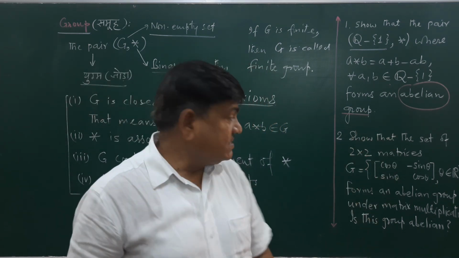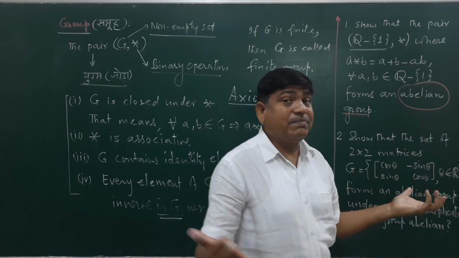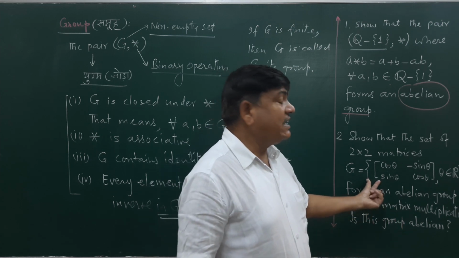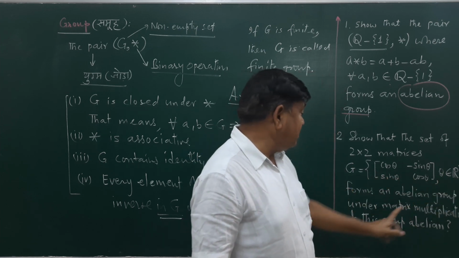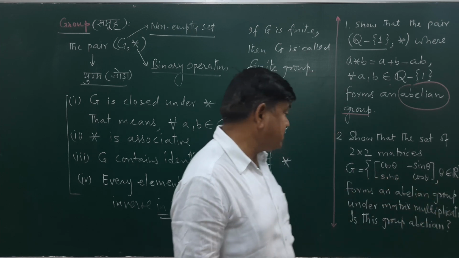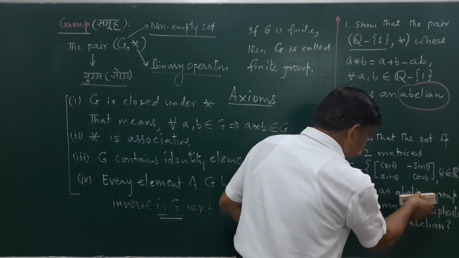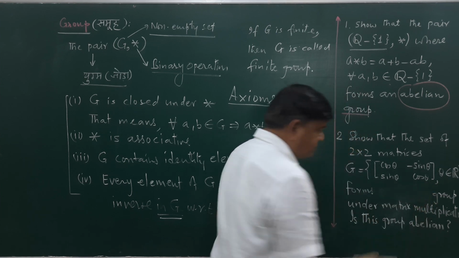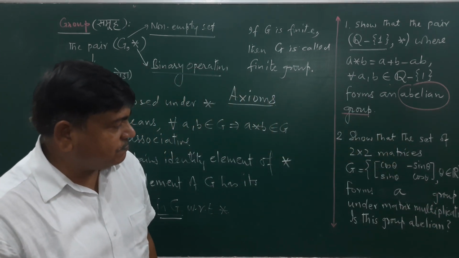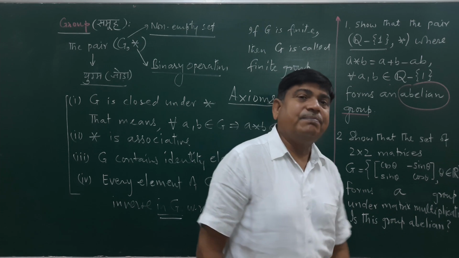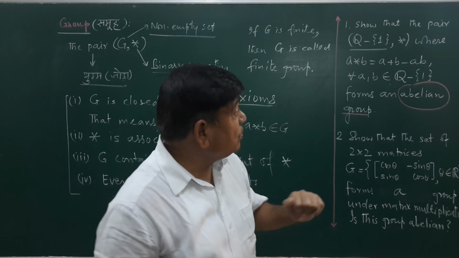Second question, so that the set of 2 by 2 matrices, means square matrix of order 2, these are the elements, theta belongs to R, forms a group under matrix multiplication. Is this group abelian? क्या ये क्रम विनिमेय समूह है या नहीं? दोनों केस में देखना है.